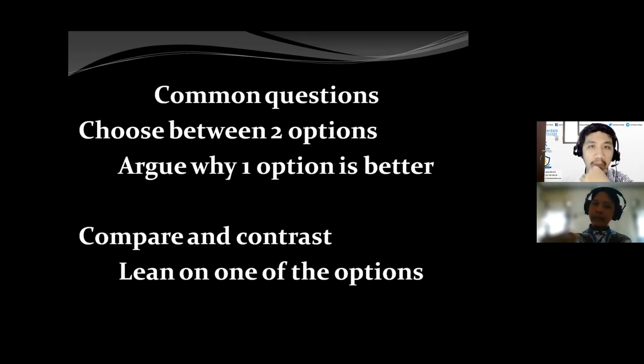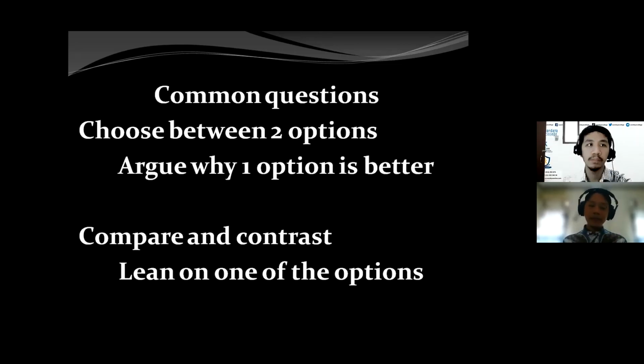Another common question asks you to compare and contrast. That means to mention both opinions, both option A and option B. But even though you are asked to compare and contrast, you are actually asked not to stand on both sides. So you have to lean towards which one outweighs the other.